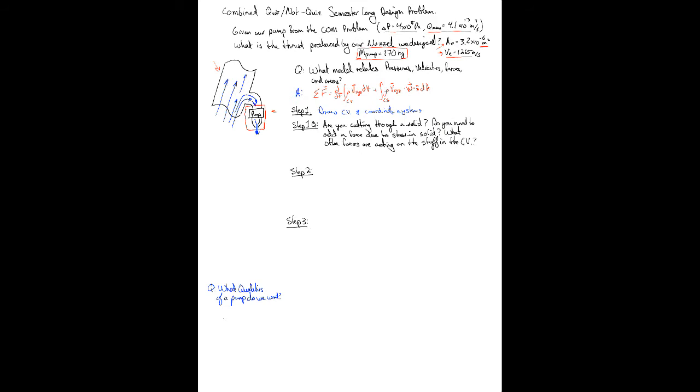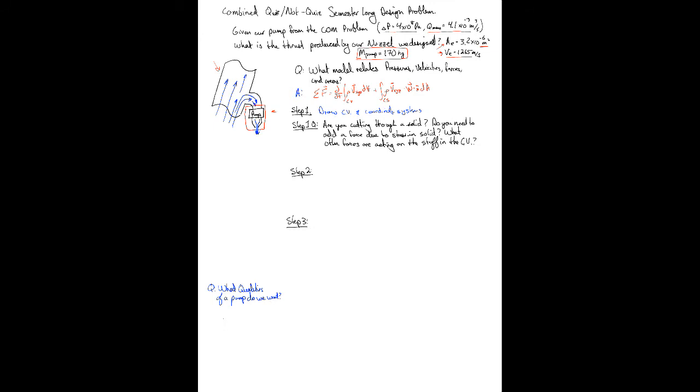So our CV is going to cut across the pipe at the top of the pump, and it's going to cut across the jet at the bottom, and everywhere else it's going to be in the air. This isn't moving, so we're going to just put our coordinate system right next to it. X, Y, Z coming out of the page.